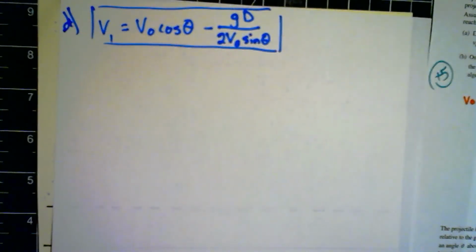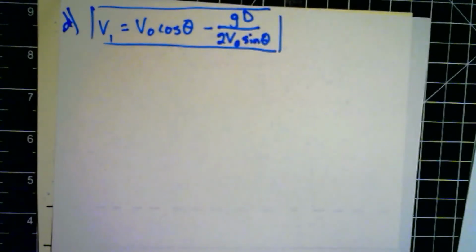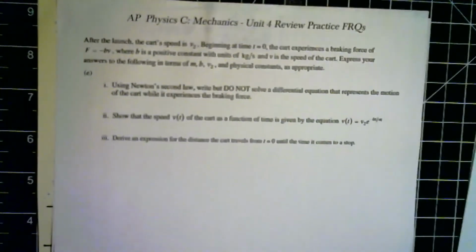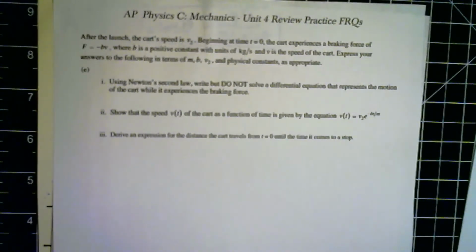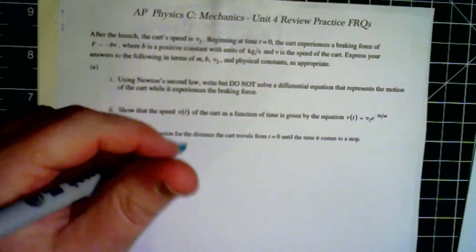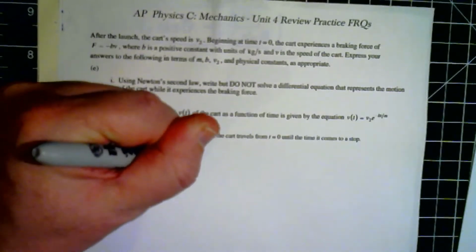Okay, so in question E, it tells us that after the launch, the cart speed is v2. And so that means the cart is moving to the right at a speed of v2.